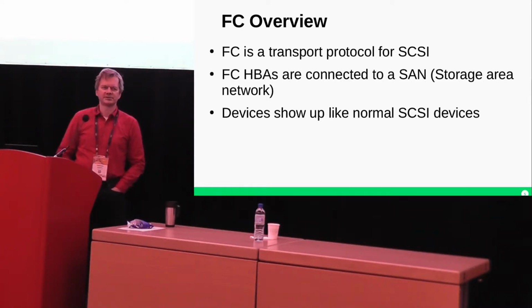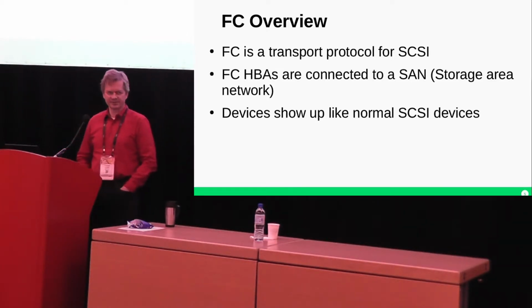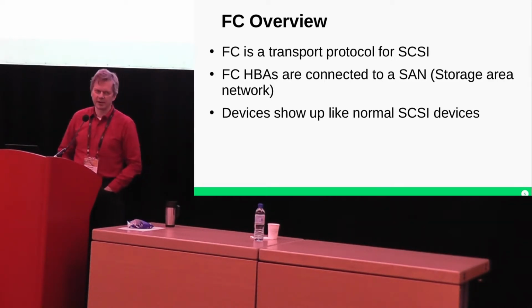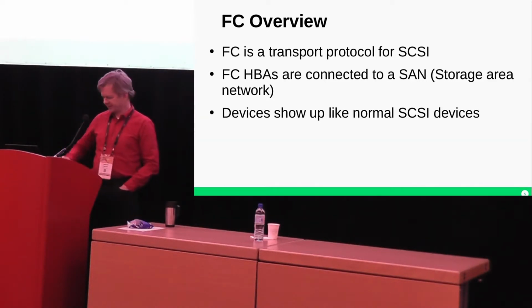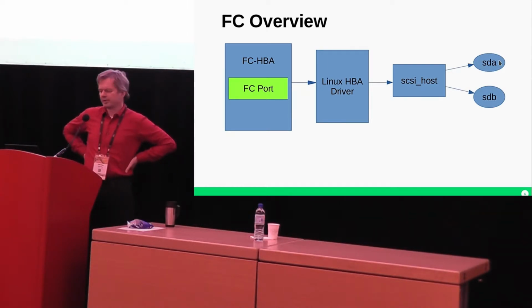To make this work, there are things called FibreChannel HBAs, for host bus adapters, which essentially are just your PCI cards which you plug into the server, which then connect via the actual FibreChannel to the storage array in the back. The whole infrastructure in between, meaning between the FibreChannel HBA and the storage array, is called a SAN, or storage area network. If you do this, these devices will show up just like normal SCSI devices.